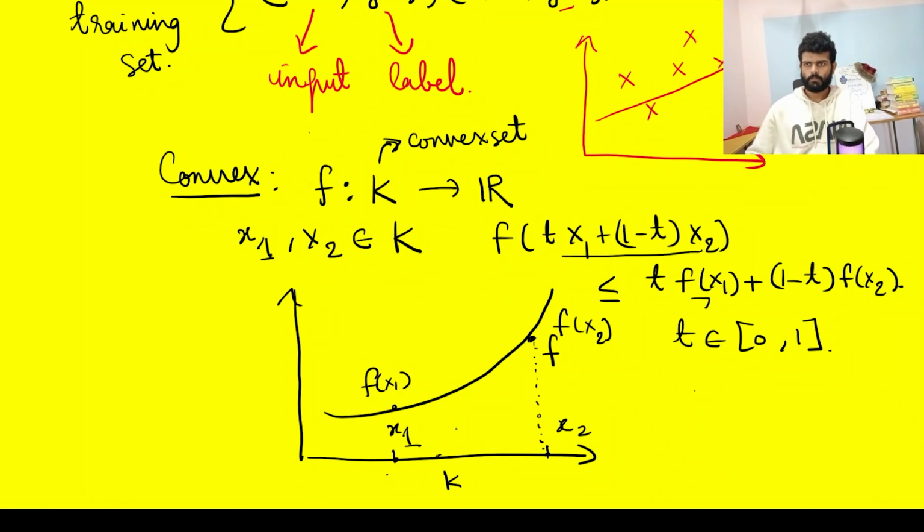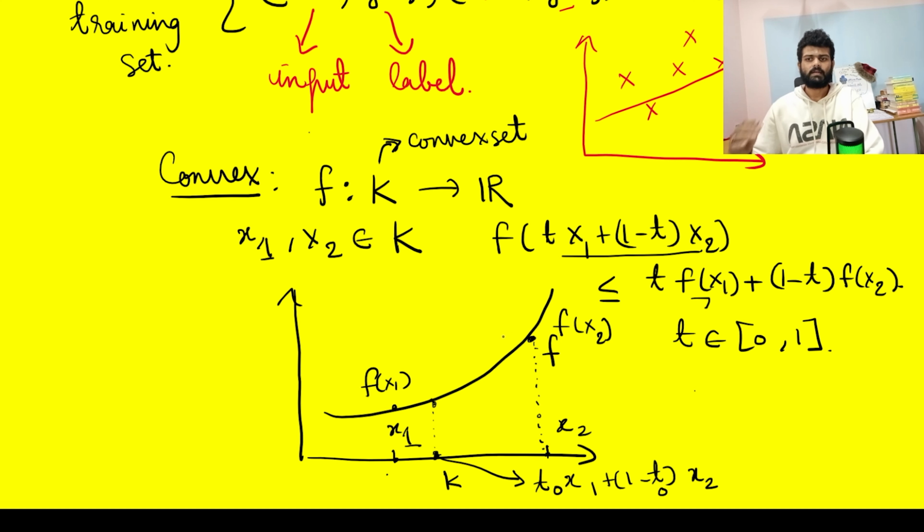Now what this statement is telling us is that for any point between x1 and x2, let's say this one, you can evaluate the function value. So maybe this particular point corresponds to t x1 plus (1 minus t) x2 for some value of t, let's say t naught, and then the corresponding function value is here.